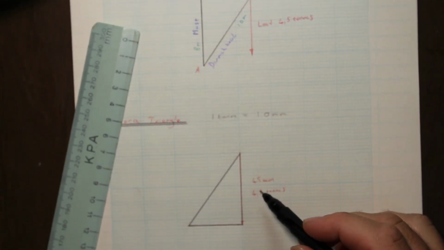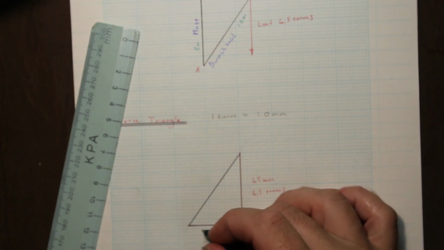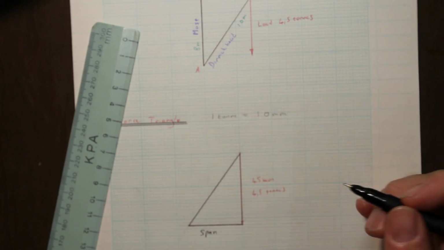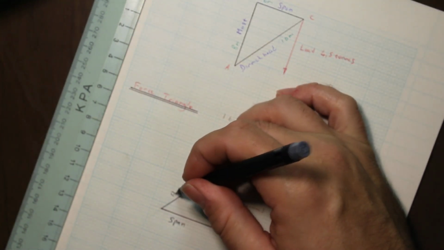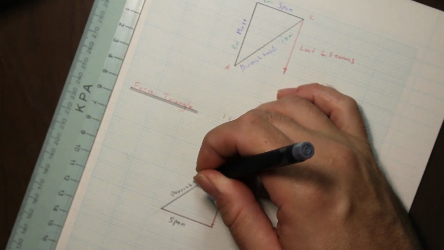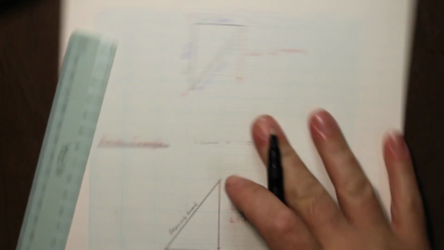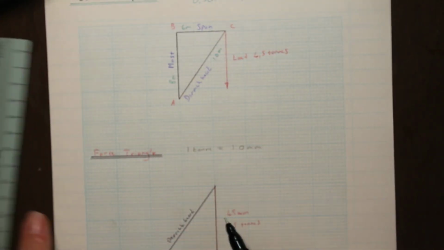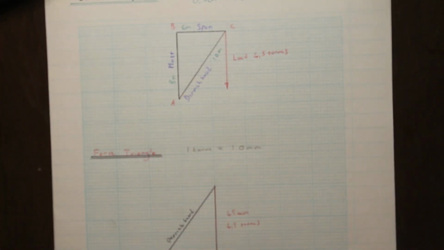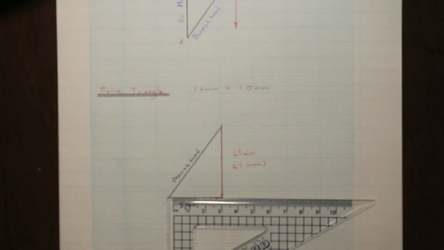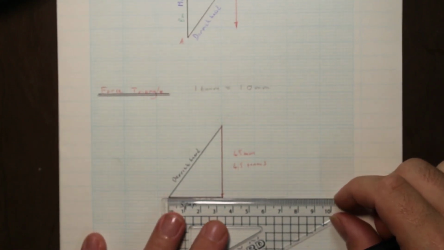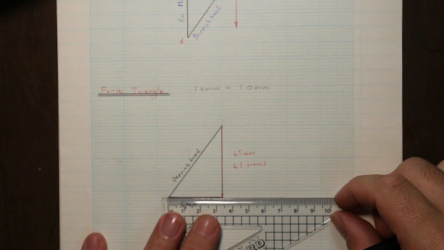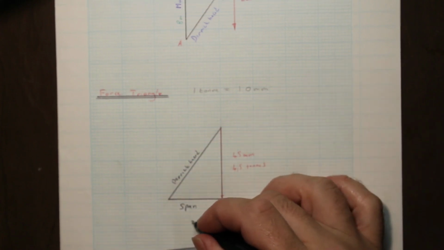So I've got my load. This here is the span, and this is the derrick. And again, all I need to do is measure them. If I measure the span, that's going to be 34 millimeters.